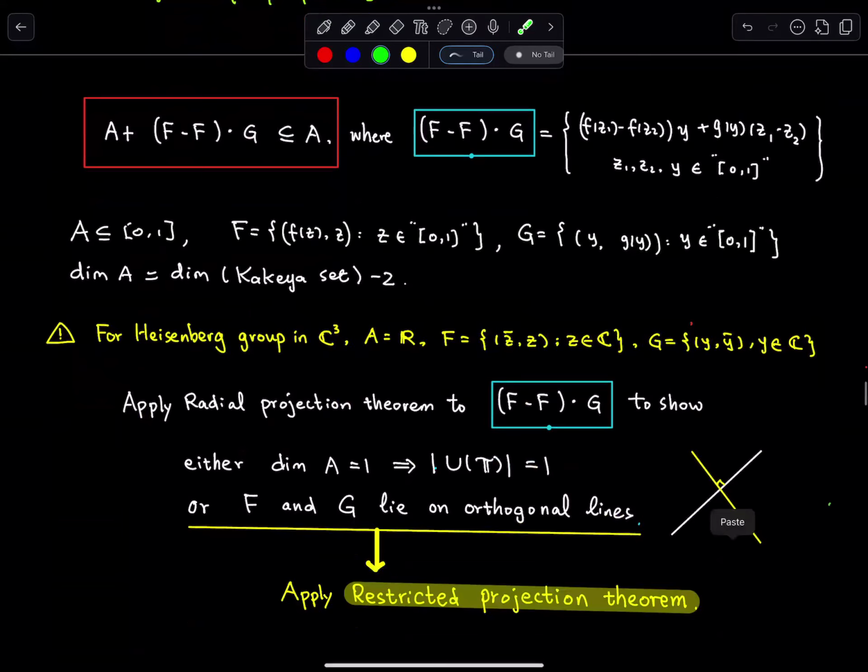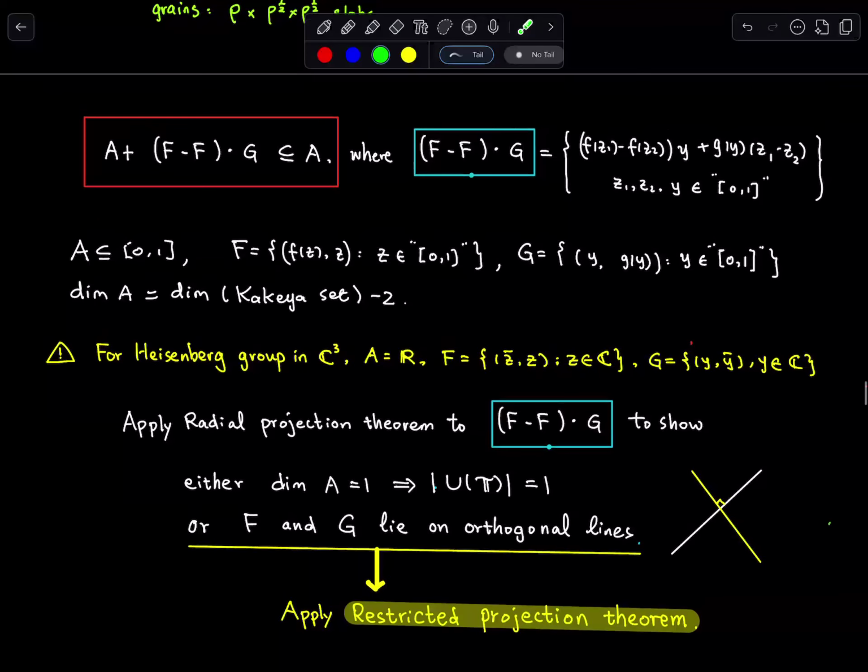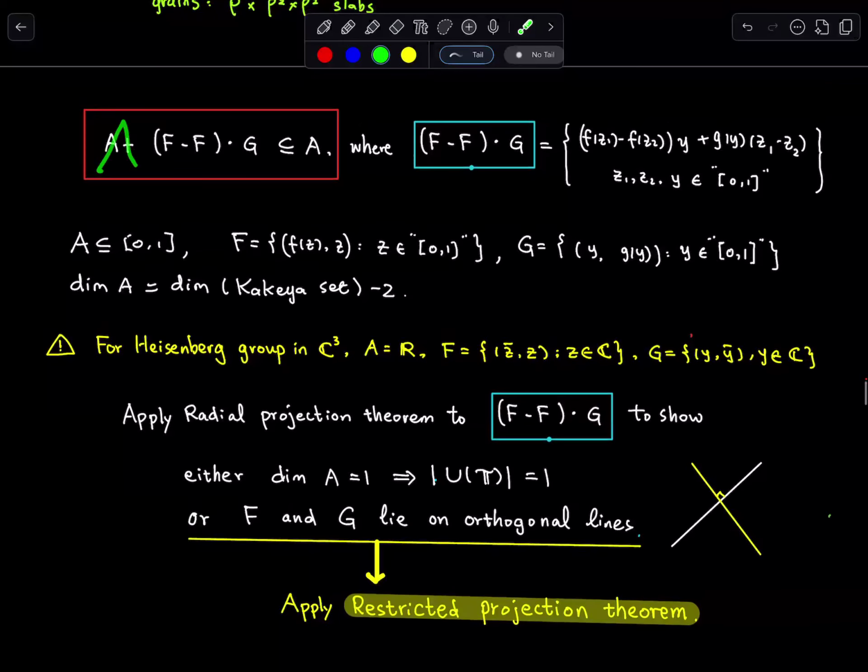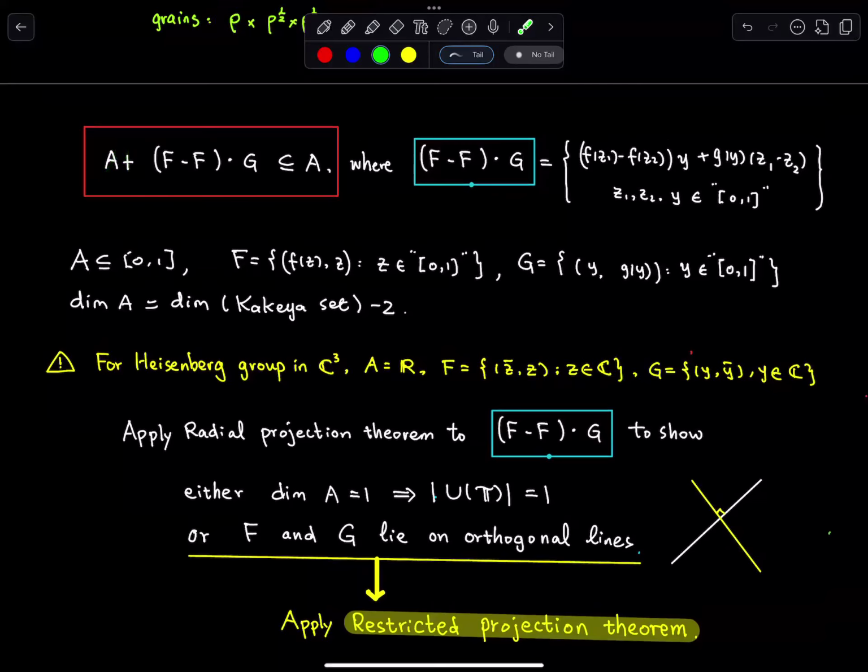The plan is to say that using some projection theory, we are going to show that either A has dimension 1, and we are done because we just said that the dimension of A equals the dimension of the Kakeya set minus 2, or F and G should lie on orthogonal lines.